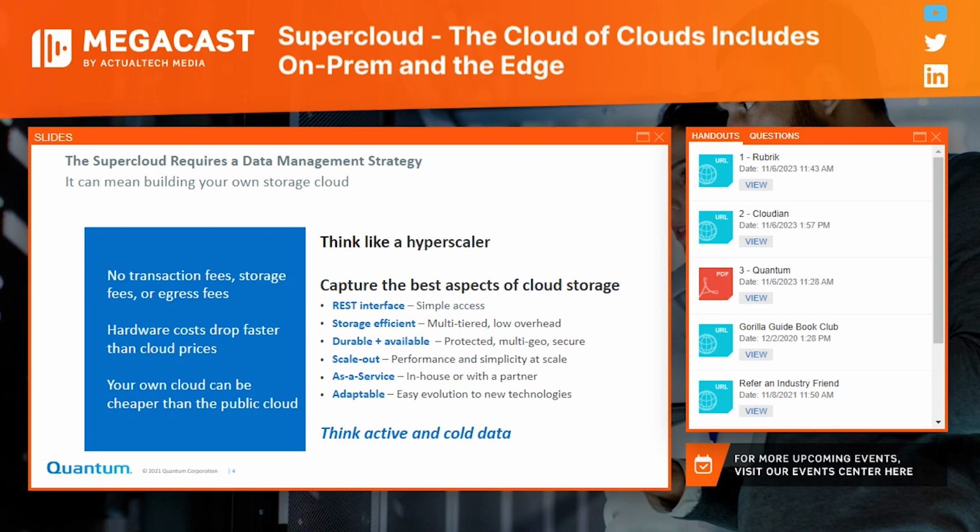And one of the key great things about cloud storage is this kind of scale out mentality where you can increase performance and maintain simplicity at scale as you add resources into your infrastructure.